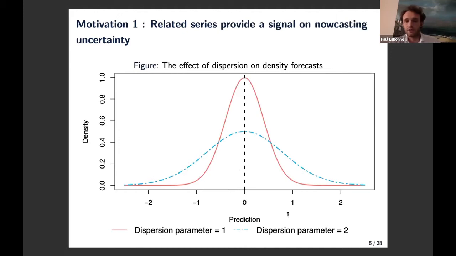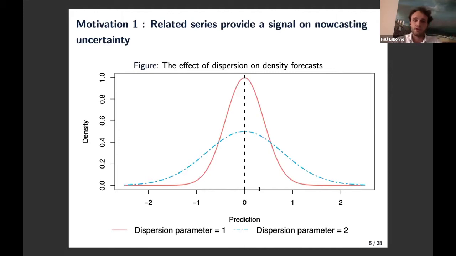In the red line, it's a scaled Gaussian distribution with scale parameter equal to 1. And in the blue line, I'm showing the same distribution, but with a scale parameter equal to 2. We can see that the scale parameter controls the dispersion of the density function. By increasing this parameter, we have a greater uncertainty, which is symmetric on both sides of the distribution.